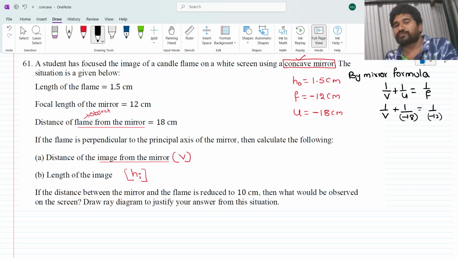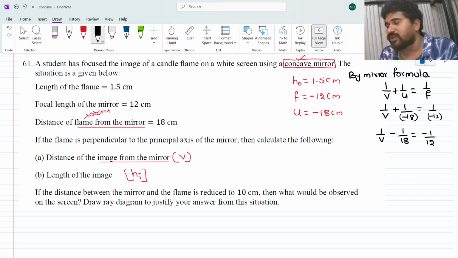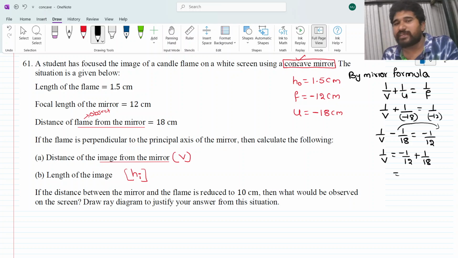Just substitution. 1 by V minus 1 by 18 equals minus 1 by 12. Send the minus 1 by 18 to the other side. 1 by V is equal to minus 1 by 12 plus 1 by 18.